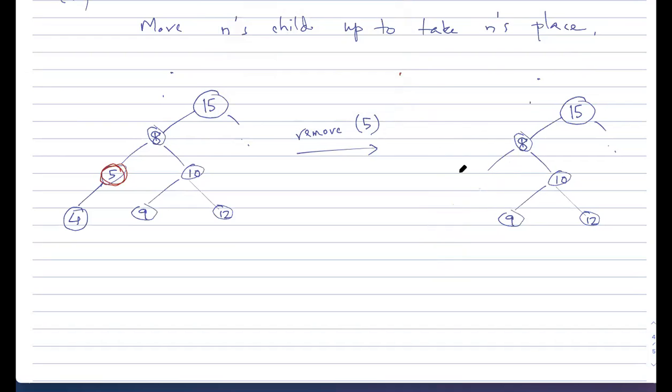So this node 4 is going to just occupy the place of 5, and 5 gets disconnected and removed.